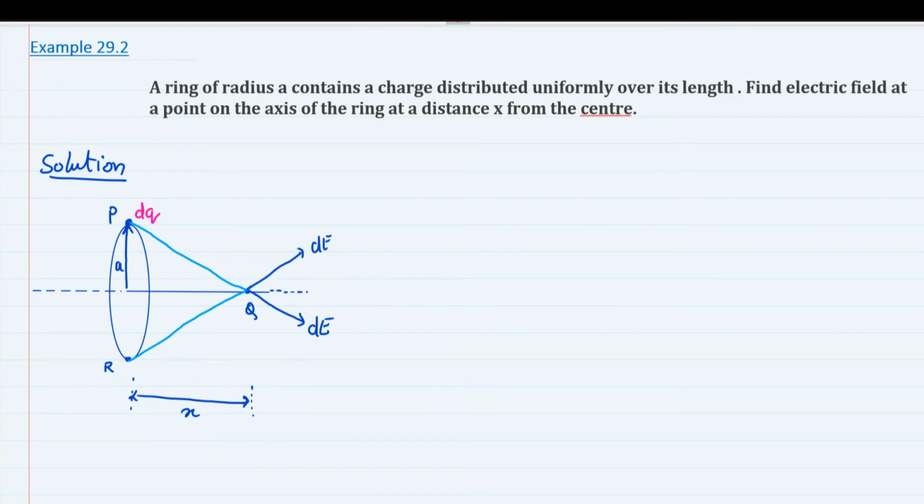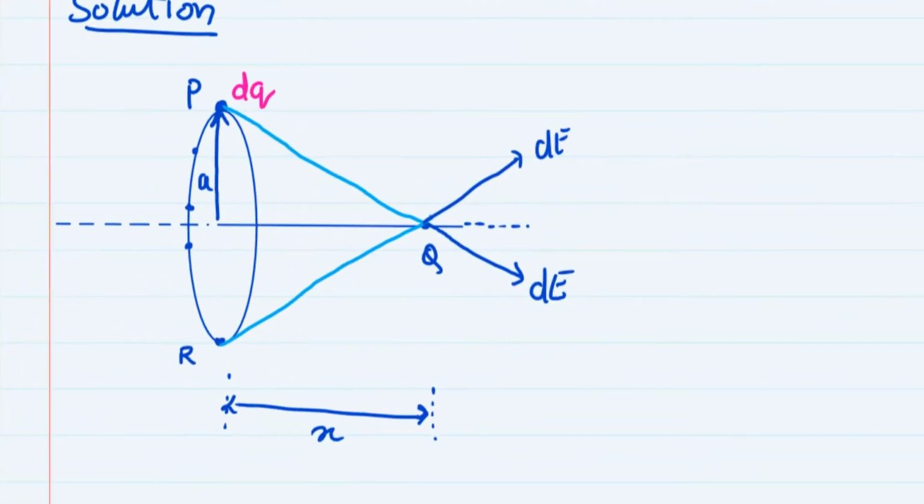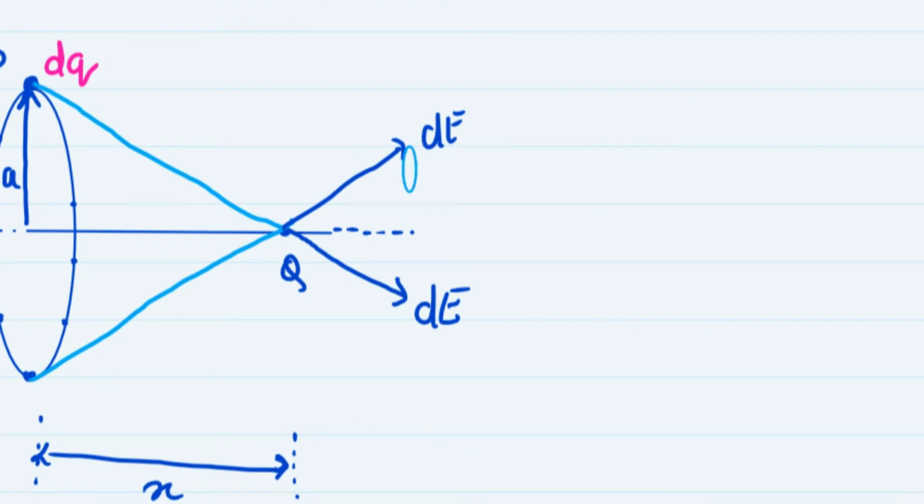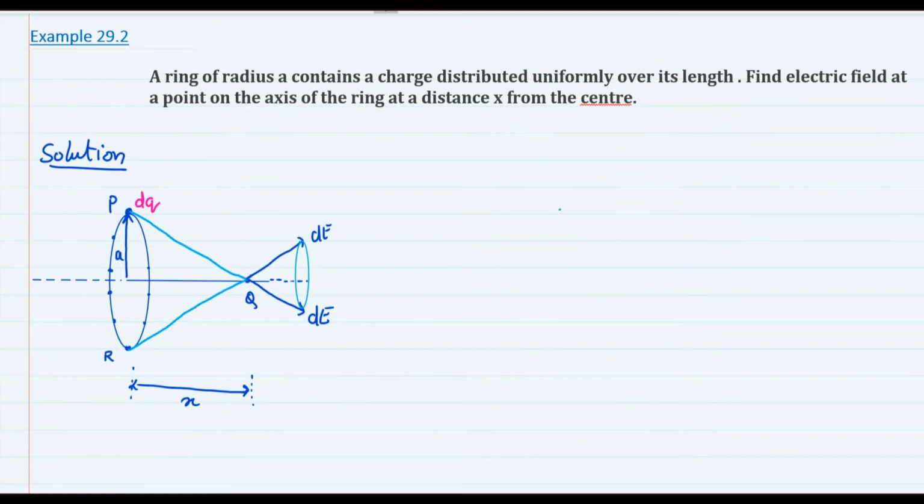Now for every point on the ring, you are going to have an electric field, and this electric field will be in a conical shape.